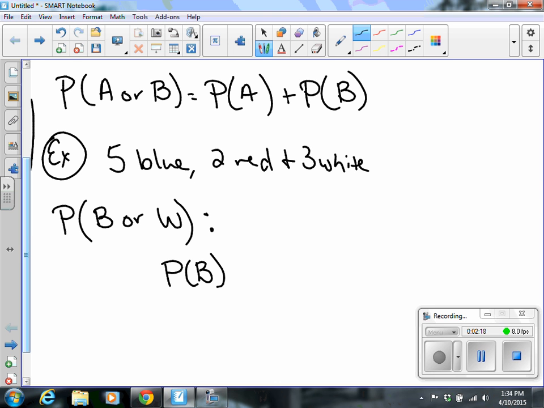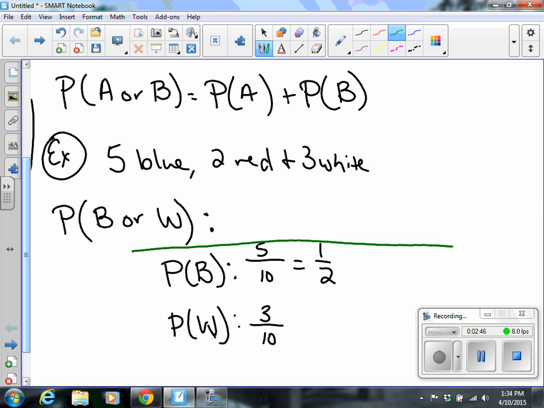So the probability of the blue we know is 5 over 10, or 1/2. So let's find the probability of the white one. The probability of the white one is 3 over 10. So what does that mean? So I'm going to go ahead and add these two probabilities together. Okay, so we're going to make a line here.